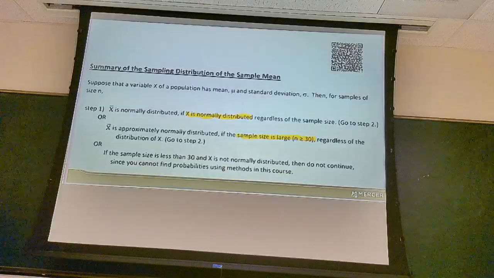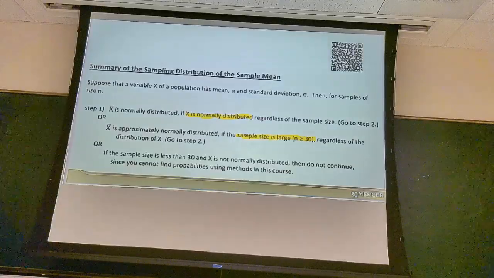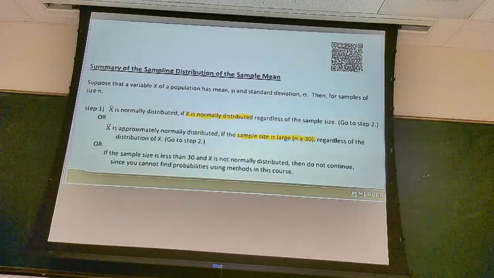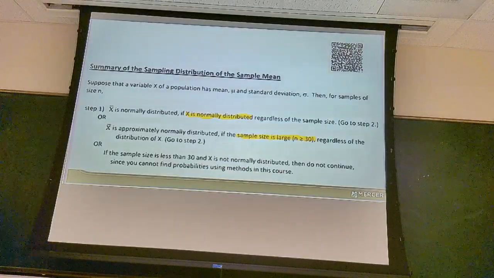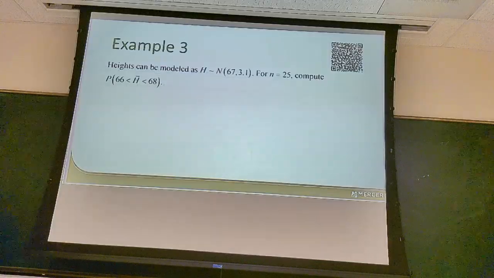So there's two highlighted. Large enough sample size or what? X being normally distributed? So the population being normally distributed. What do they tell us about the heights?